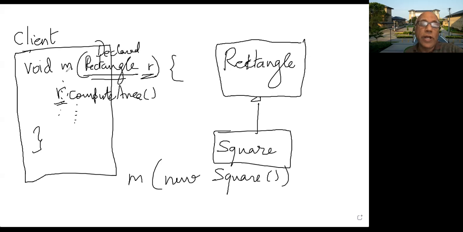So when you are actually executing the code, you are using a square, right? So when you compute the area, you are actually using the square's area. You're computing the square's area, not, the actual type is not rectangle. Okay, if that is the case, is this behaving like it is getting a rectangle, or can you notice a difference?